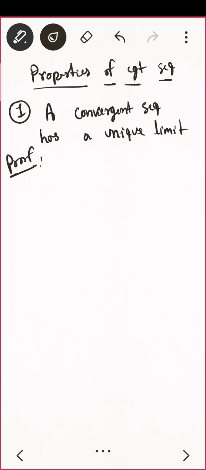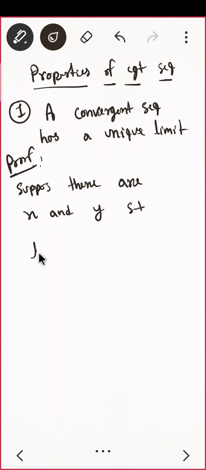Yes, you should start with: suppose they exist. Suppose there are two points, x and y, such that xn converges to x and xn converges to y.